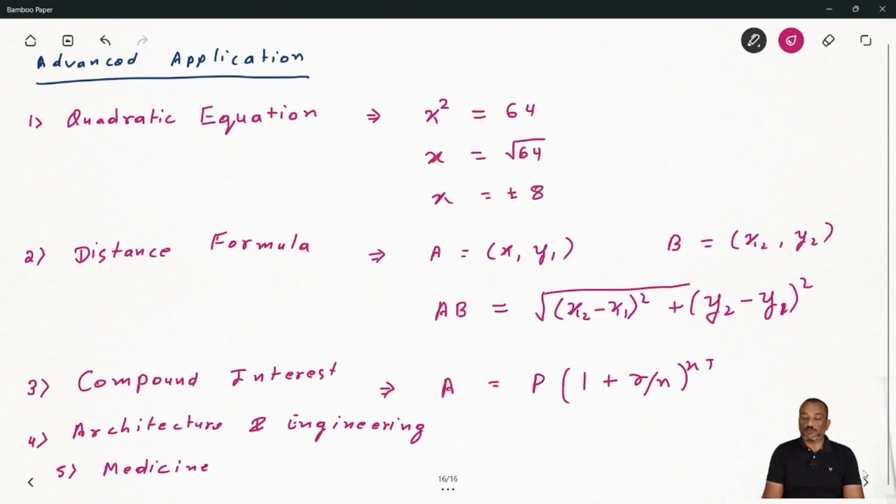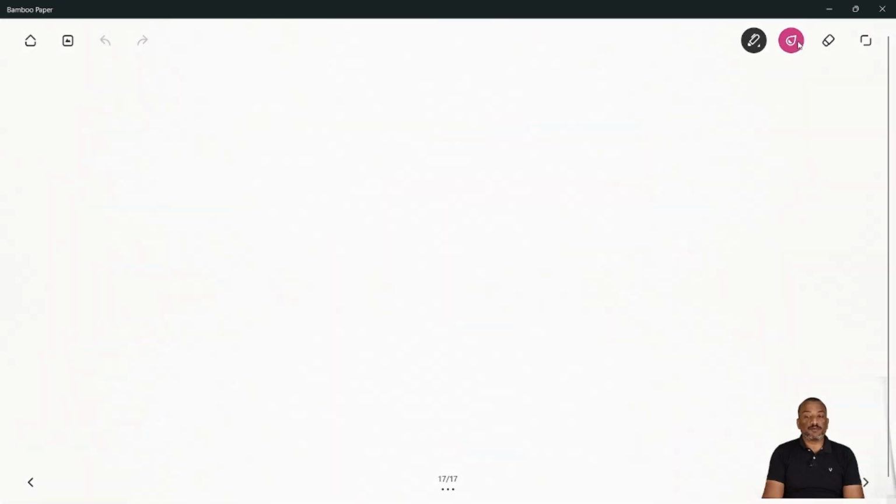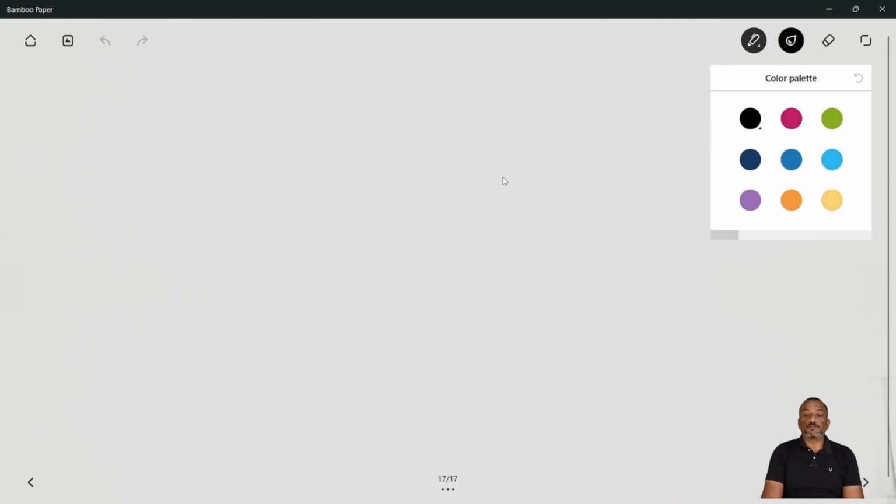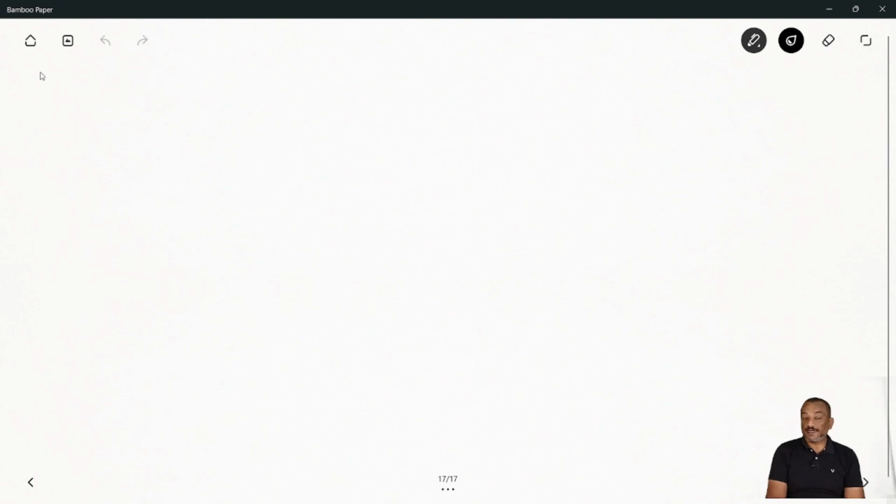Now I'm giving a very simple MCQ question, so you can solve it and answer in the comment section.